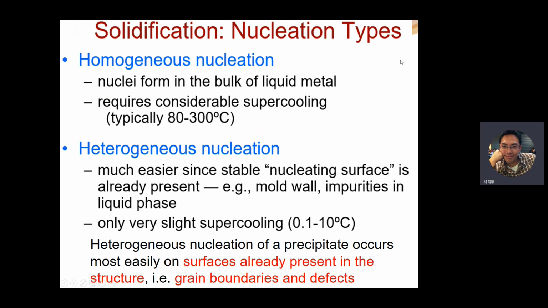So homogeneous nucleation means the nucleus forms in the bulk of the liquid metal. In this case, the supercooled temperature has to be 80 to 300 Celsius below the phase transition temperature.